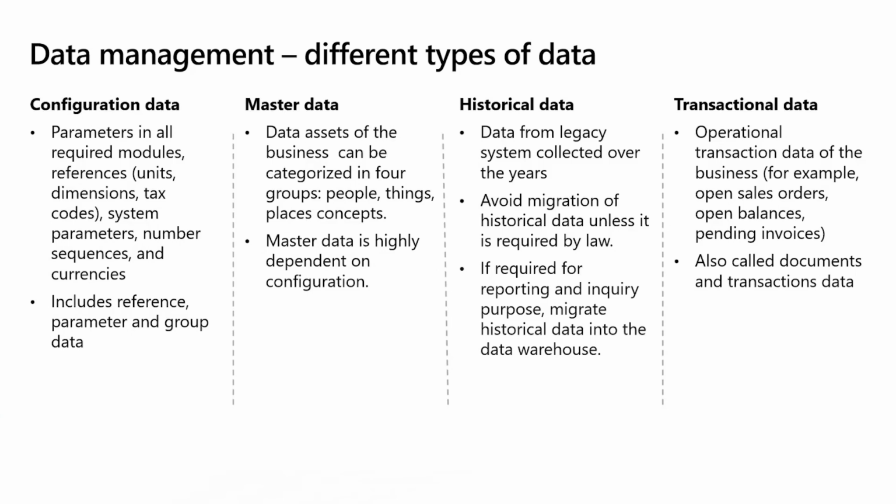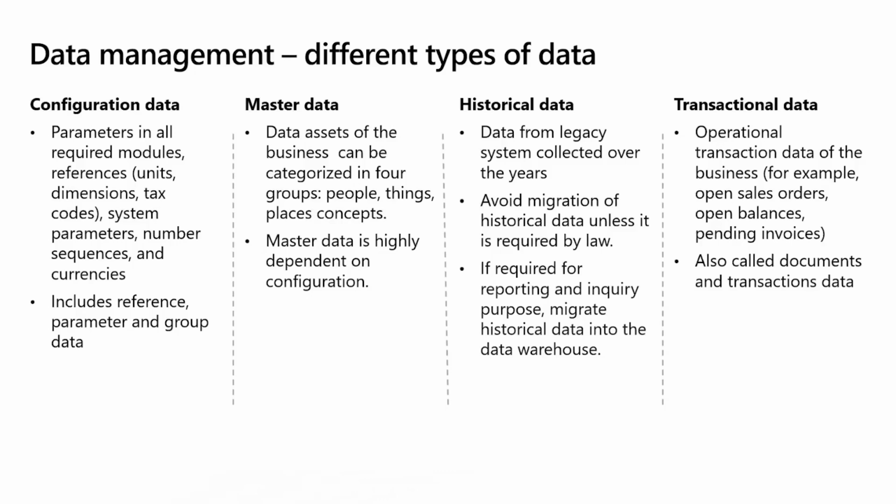In your AXDB, there are different types of data that you will be storing. You will be storing your master data, your configuration data, historical data, as well as transactional data. Master data would be the nouns, information about people, things, places, etc. Your customers, your vendors, your products, etc. would be your master data. Master data is highly dependent on configuration.